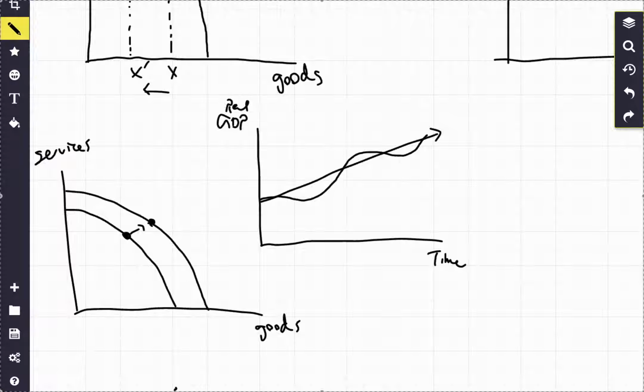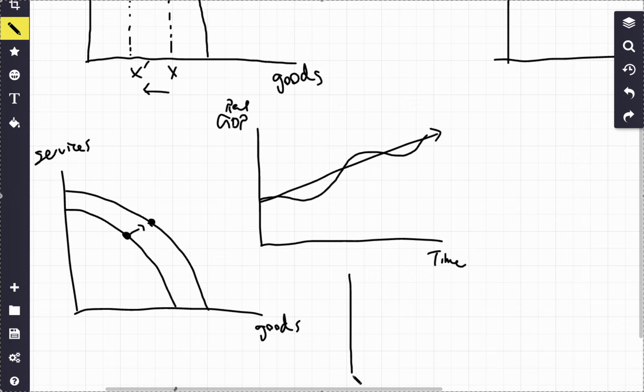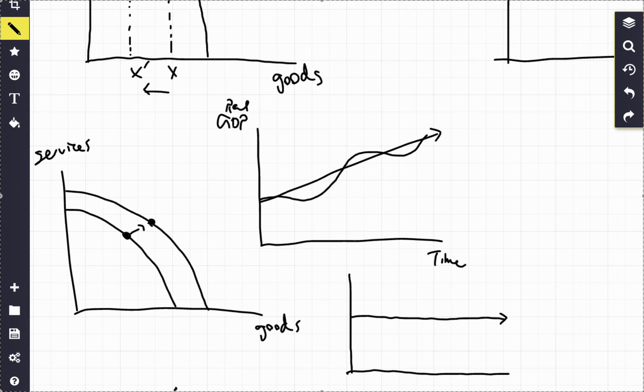And if there's an economy that makes almost no investment, theoretically, GDP should look like this.